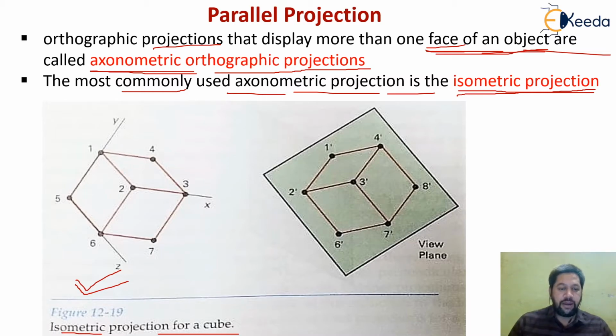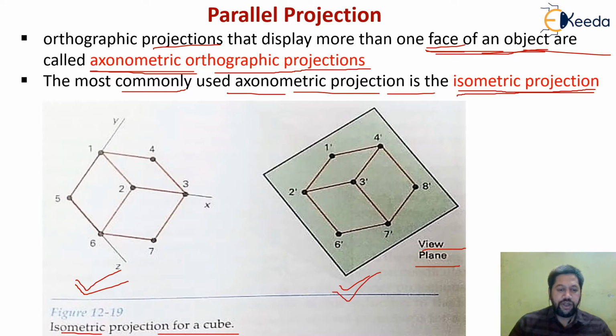So here I can cover the front side, and the top view of the object is also displayed in my view plane. So the object is viewed from more than one face. I'm not taking only the front view or only the side, but I'm looking toward the object with more than one face of the object. So that we have learned, and this is the view plane that I have.